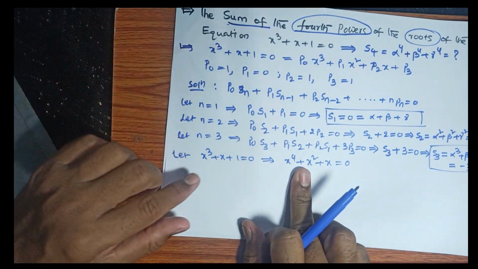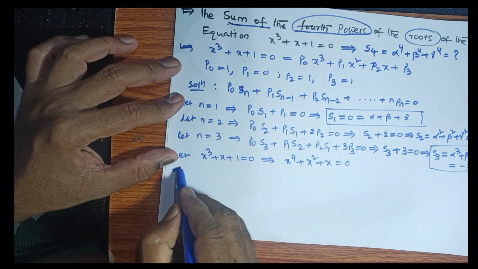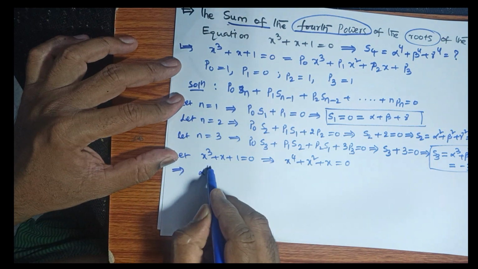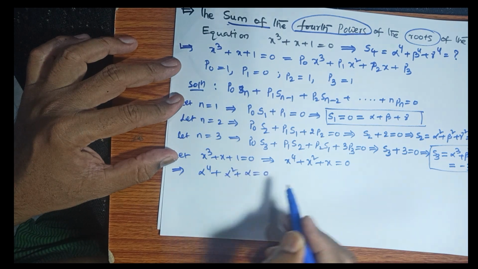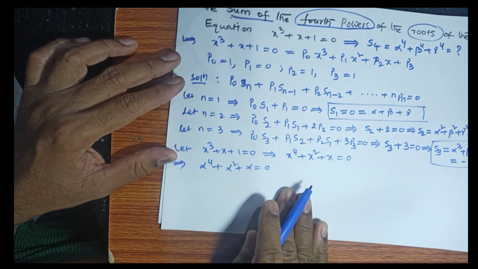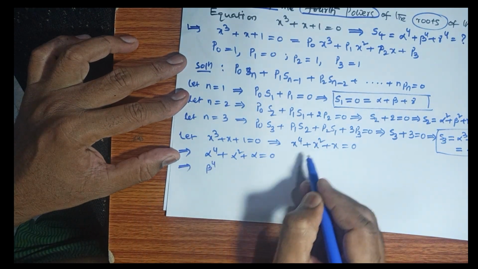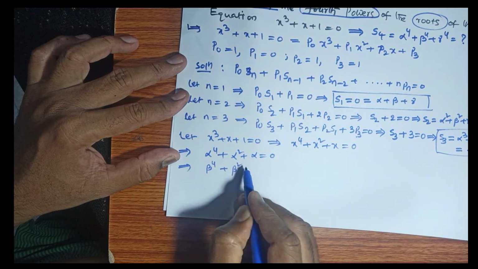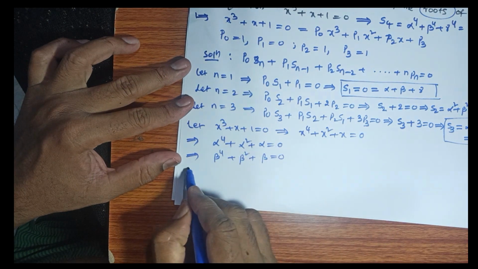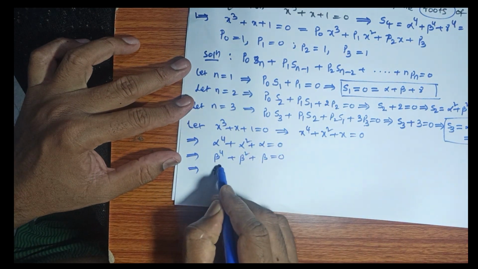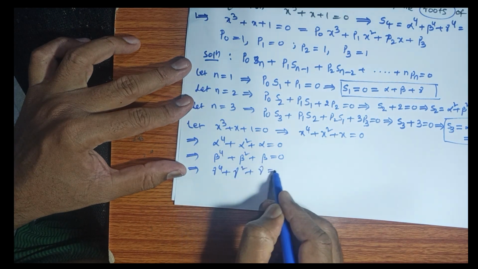If alpha, beta, gamma are the roots of this equation, then alpha being a root, we can write alpha power 4 plus alpha square plus alpha is equal to 0. Beta is a root of this equation, so beta power 4 plus beta square plus beta is equal to 0. Gamma is a root, so gamma power 4 plus gamma square plus gamma is equal to 0.